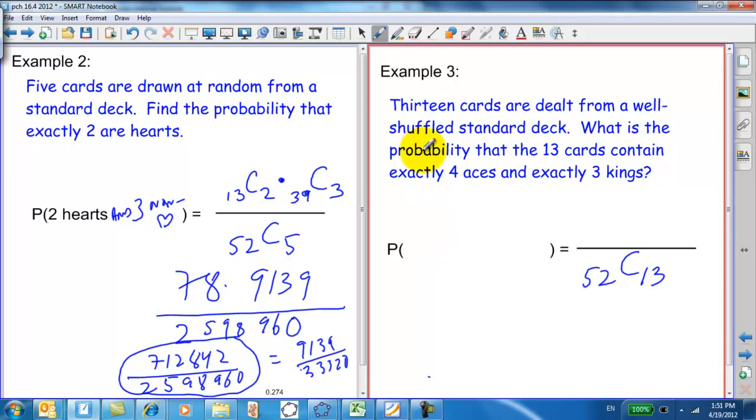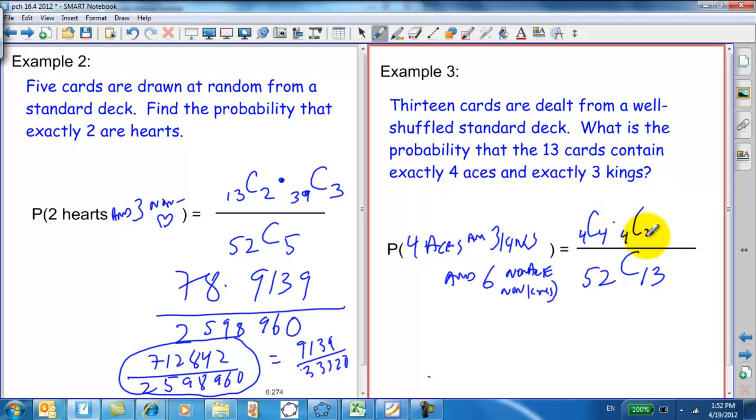But now we want to contain 4 aces and 3 kings. Remember, and means multiply. And then you've only burned up 7 of the 13 cards. You have to have 6 non-ace, non-kings. So 4 aces is 4C4, 3 kings is 4C3, and there are going to be 4 ways to do that.